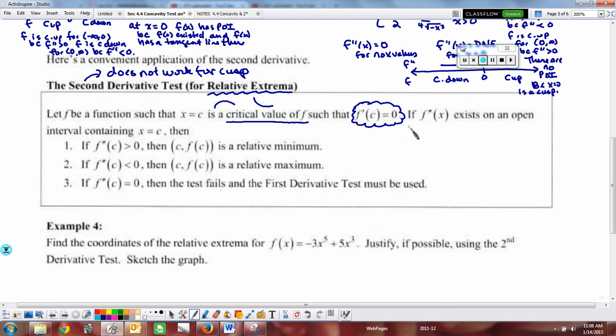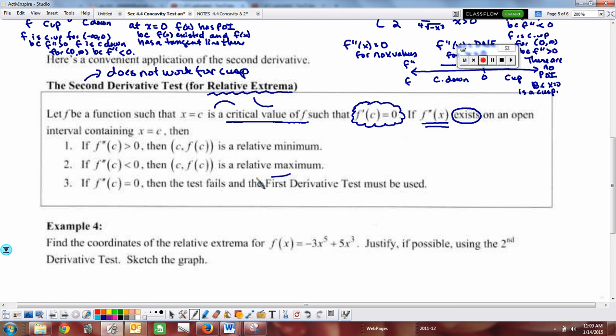The second part of this is, if the second derivative exists on an open interval containing that critical value, then we're going to be able to use the second derivative to determine whether we have a max or a min.